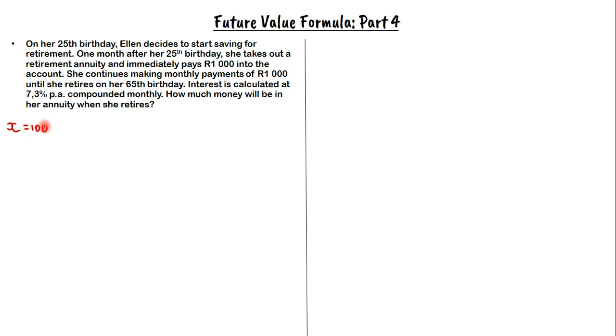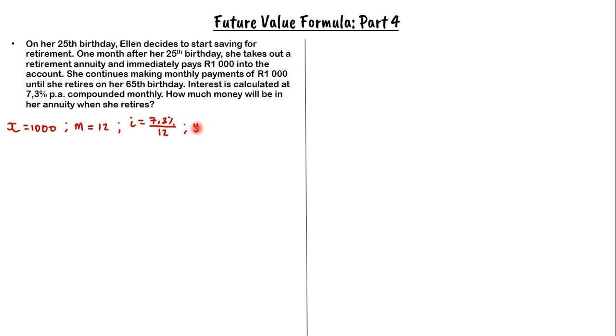Another thing we get is the interest, or rather the compound period that Ellen is using. She's putting in these 1,000 rand per month, and the interest is 7.3% per annum compounded monthly, so I'm going to divide that by 12.